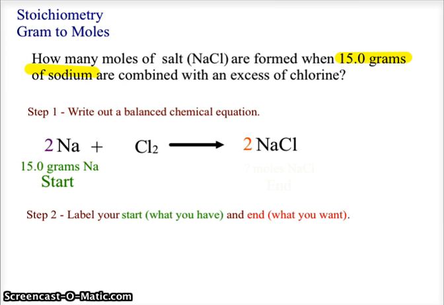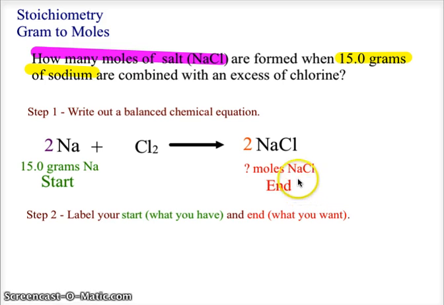And for our end, we are looking at how many moles of salt, how many moles of NaCl. So that becomes our end. So when we label our start, what we have, and our end, what we want, we're looking at converting from grams of sodium to moles of salt.